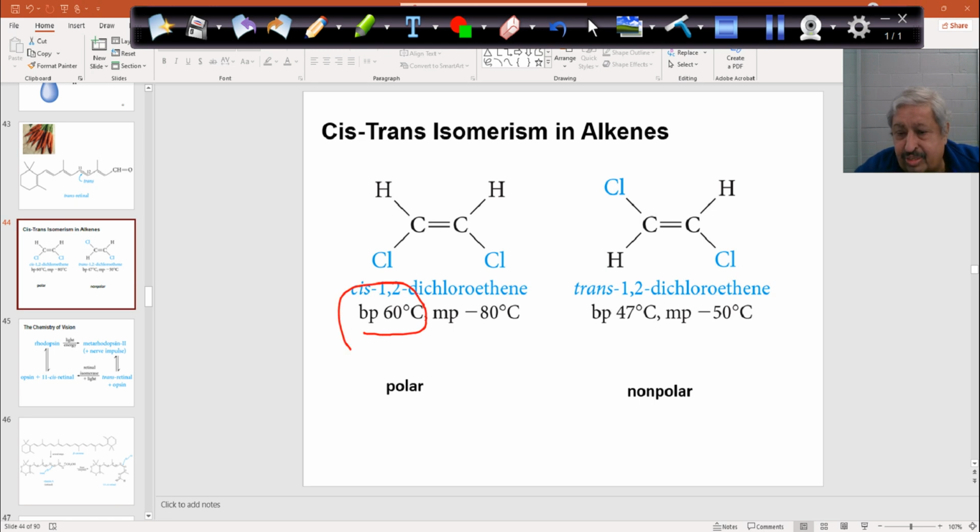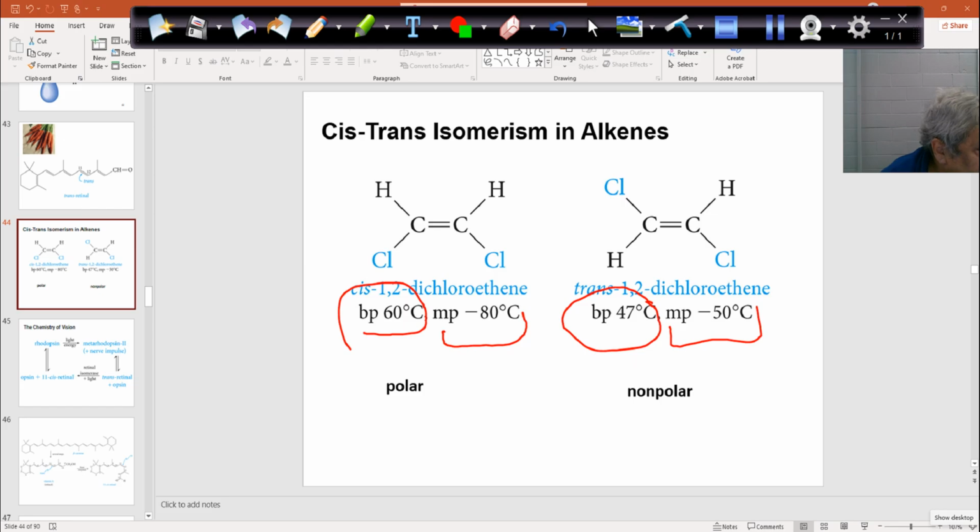The trans is very low, 47 degrees boiling point. Melting point, minus 80 and minus 50. So the orientation in space is very important, because that will lead to isomers that are really different.